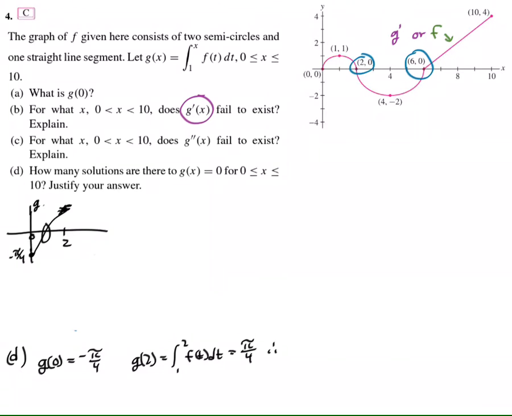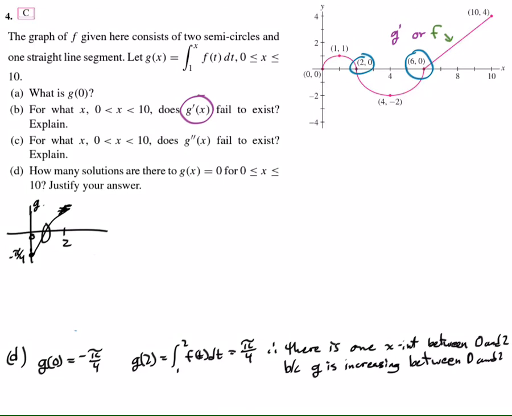So I'm going to say, therefore, there is, oh nice, 1 x-intercept between 0 and 2, because g is increasing between 0 and 2.